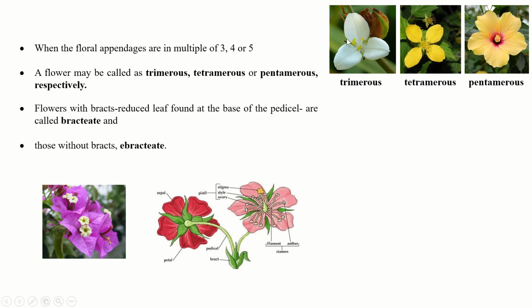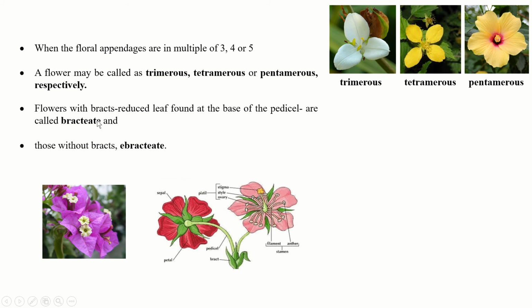Those flowers having 3 petals, or 3 appendages, are called trimerous. Those having 4 petals are called tetramerous. And those having 5 petals are called pentamerous flowers.